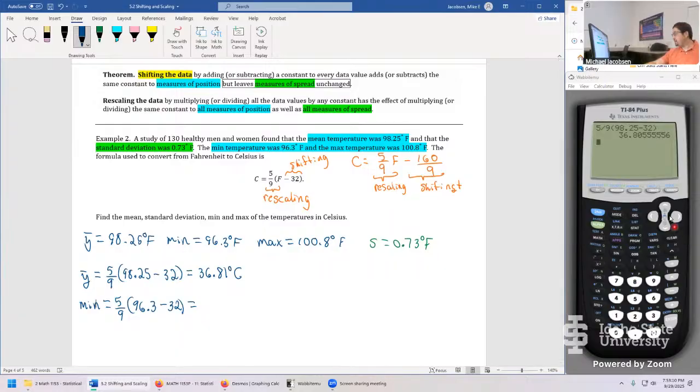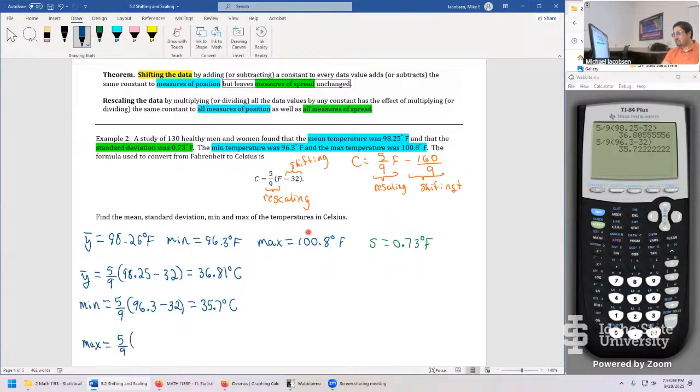So on the calculator, we'll go 5 divided by 9, 96.3 minus 32, just like that, and we get 35.7 degrees Celsius.